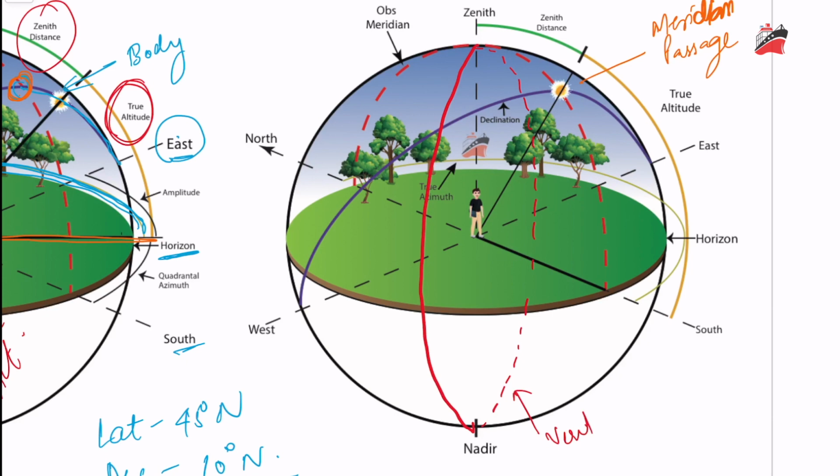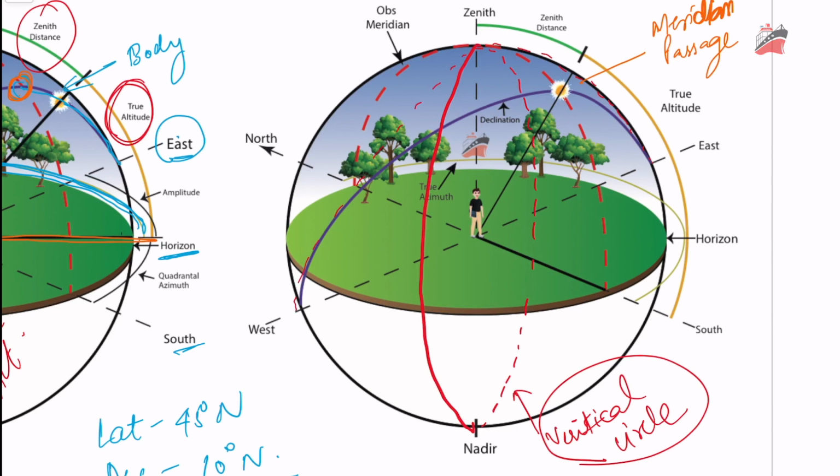What is prime vertical? Prime vertical is a vertical circle. I repeat it to you again. Prime vertical is a vertical circle only, but it passes through the observer's east and west direction. So this will be passing from east like this, through the observer's zenith and to the west.